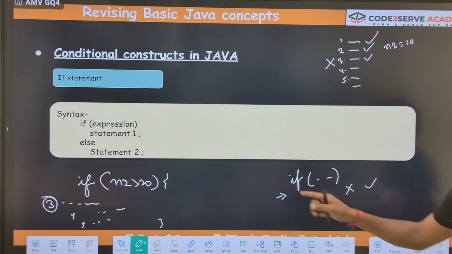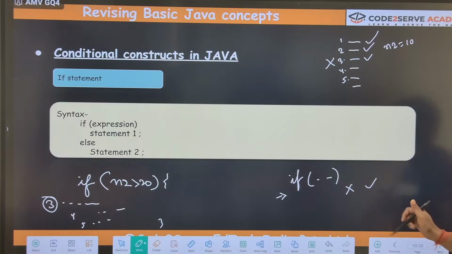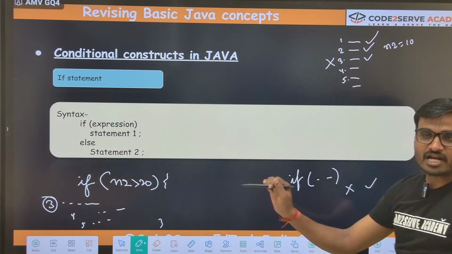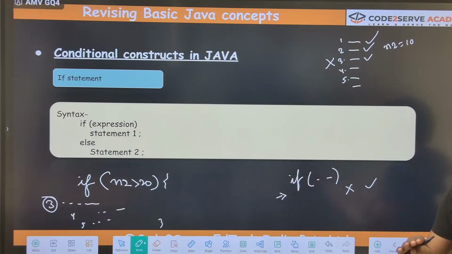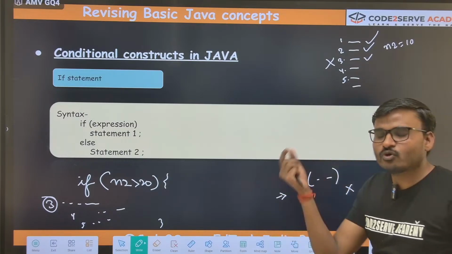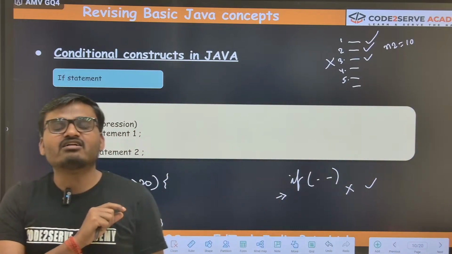All right. Similarly, if this condition is false and I want to execute some other statement, then you will write that logic inside the else block. All right. It is not mandatory that every if block should have an else block. It is up to you. If you want only the if block, you can write only if, but you cannot directly write else.